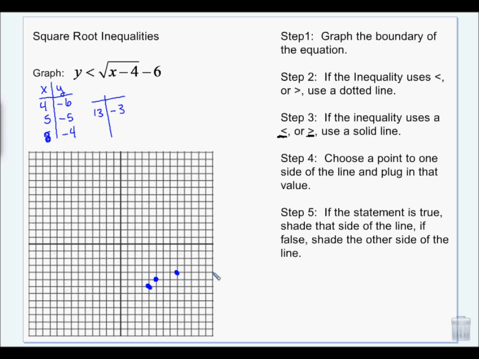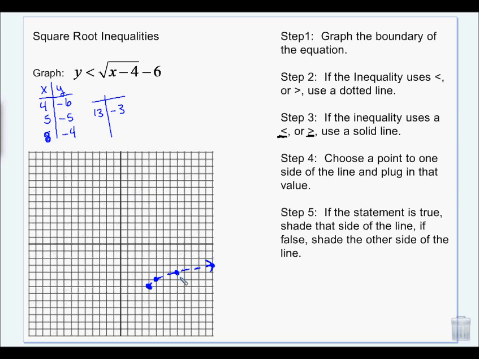And then here's my 13, negative 3. It takes me right to the very edge. Oops. And then I want my curve to be dotted, because I have less than.